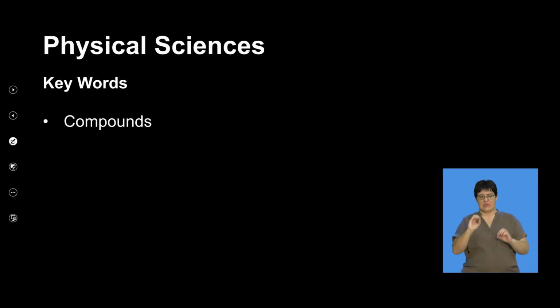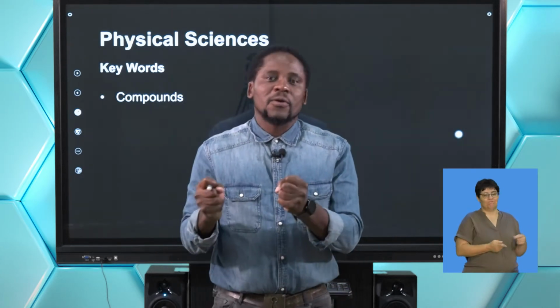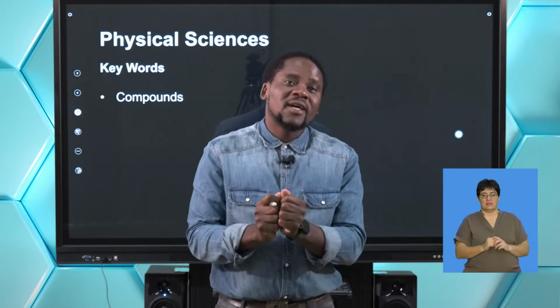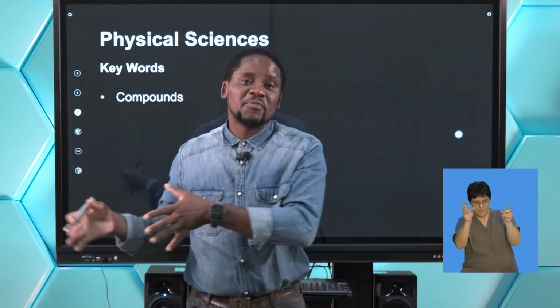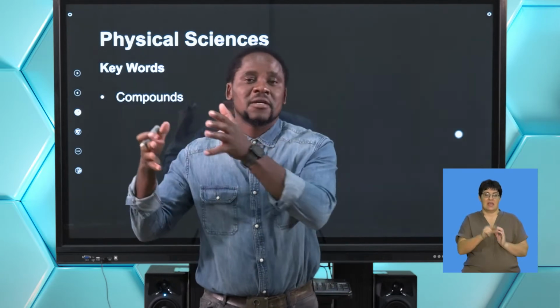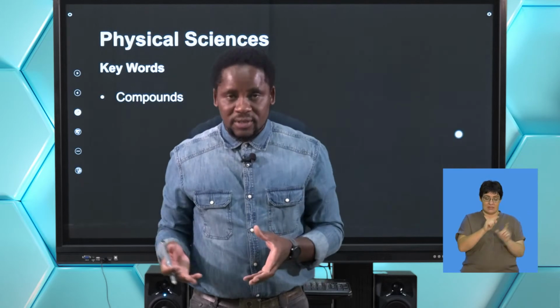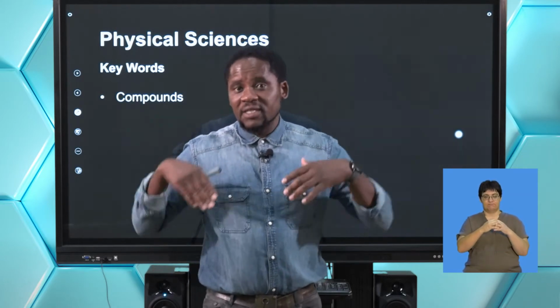And then we also have compounds as part of the keywords. You don't find compounds in the periodic table. However, the constituent components that make up a compound are in the periodic table, because these are essentially the elements. So elements that are joined together form compounds, and these elements must be different.